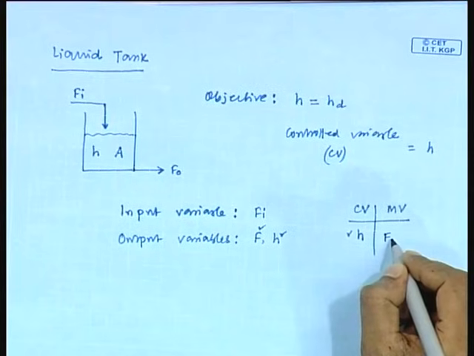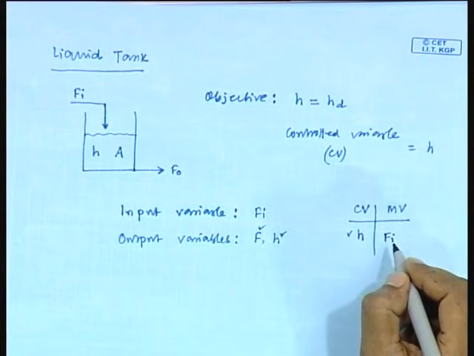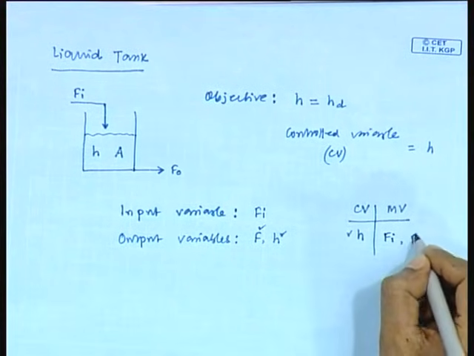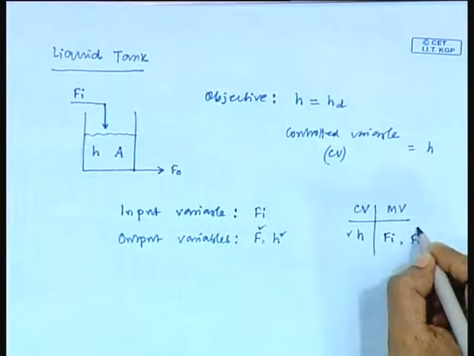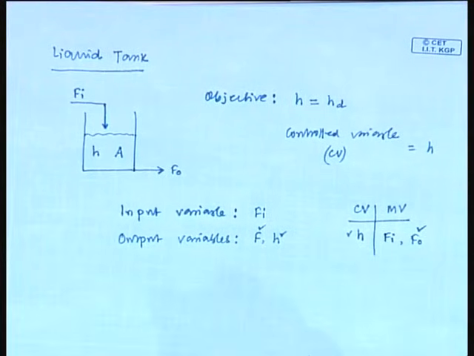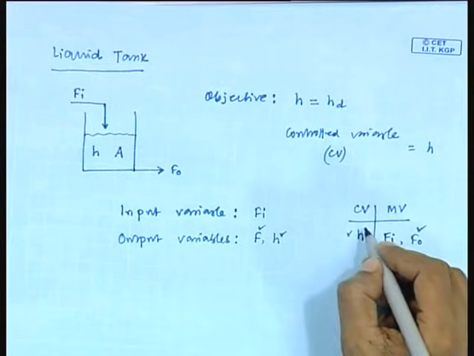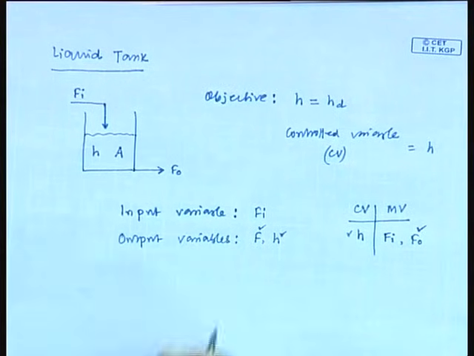Fi or F naught? I think we can do both, Fi and F naught. I am just making one control configuration. Suppose this F naught is the manipulated variable corresponding to liquid height H.